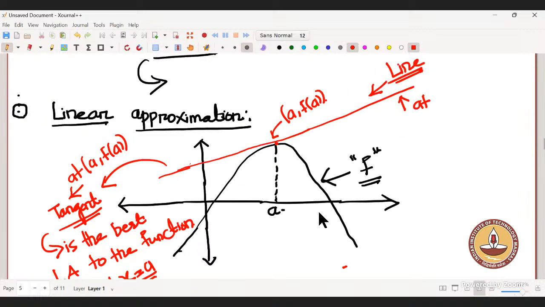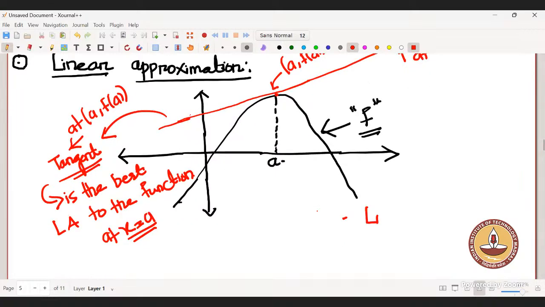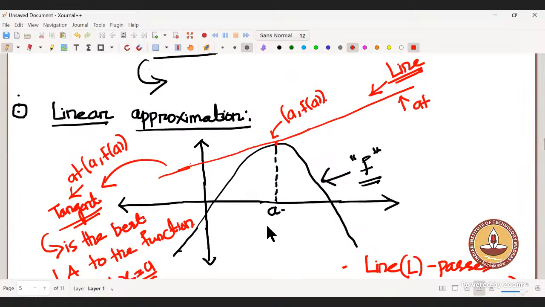So this tangent is a line, and you know that this line L passes through A comma f of A. Why are we considering a differentiable function? Because if the function is differentiable, then we have a unique tangent, and by using the property of differentiability, we can get the slope of this line.